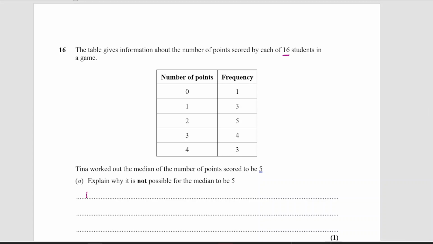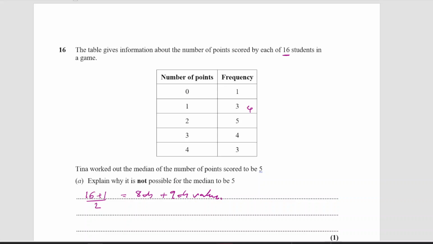So if we've got 16 games, technically the median is going to be the 8th and 9th value. So you're looking for where the 8th and 9th value fall. The first value is 0 or less.